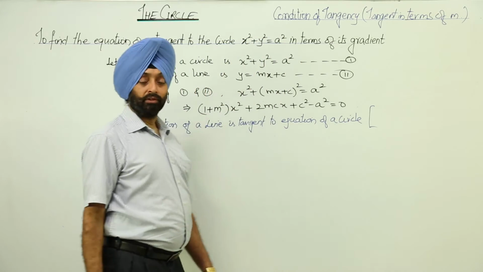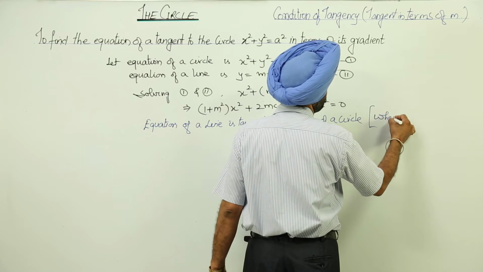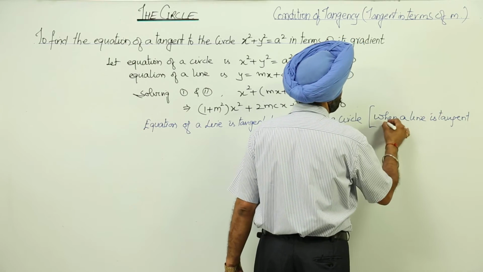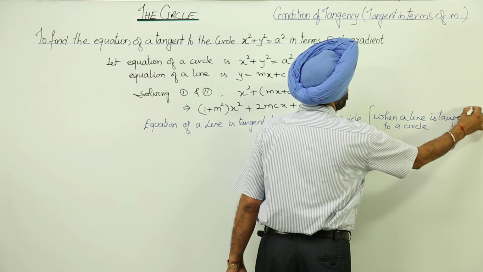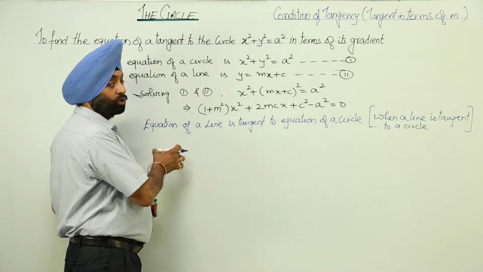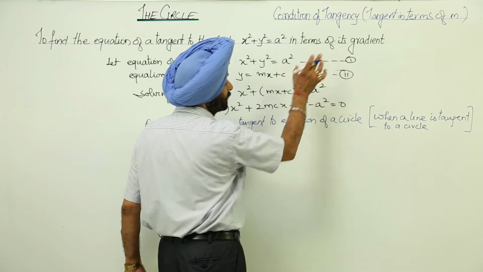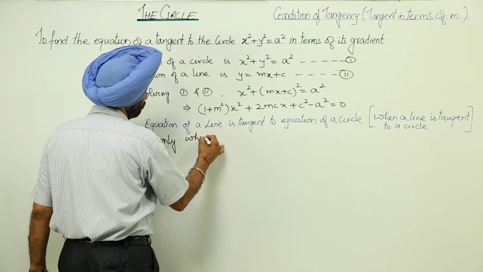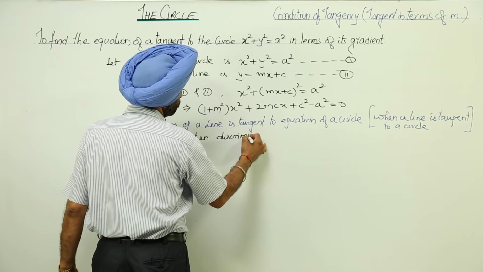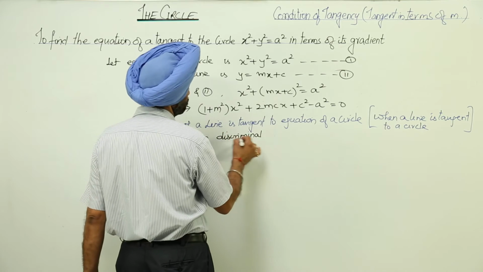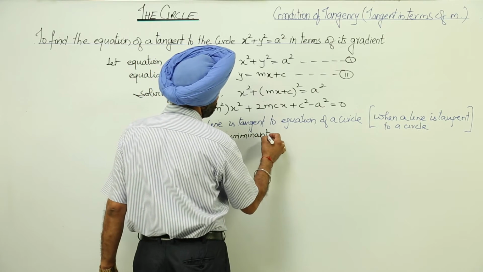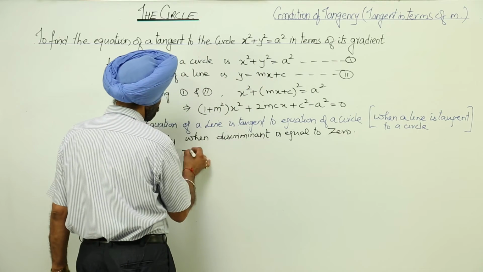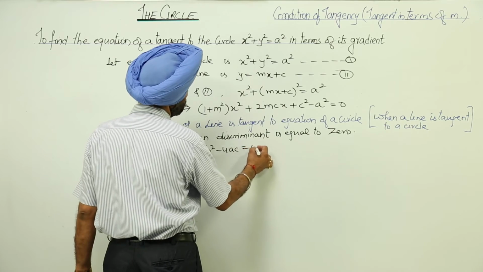This means, when a line is tangent to a circle, we are dealing with the equations, that's why I have written the word equation of line, that is number 2, is tangent to the equation of a circle, that is number 1, only when the discriminant is equal to 0, or we can say b square minus 4ac is equal to 0.